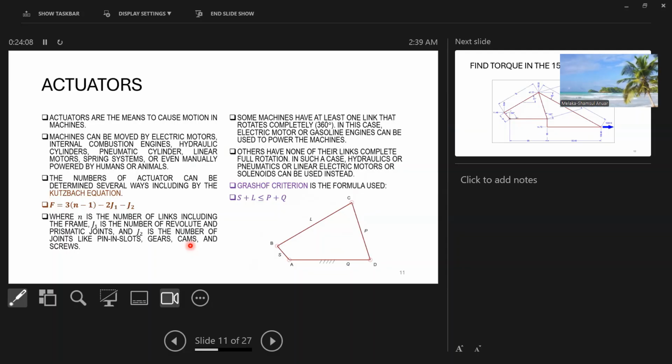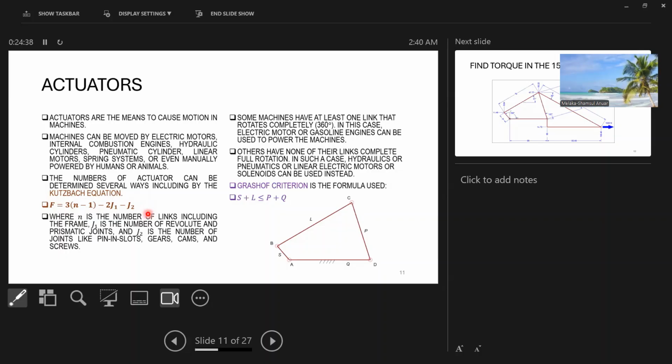That's the thing about actuators. So you need to understand what actuators are and how we have to find the number of actuators that will be needed for our machine. So we can use this Kutzbach equation, and it might not tell you to use the Kutzbach equation, it might just ask you about the number of inputs or number of actuators needed.